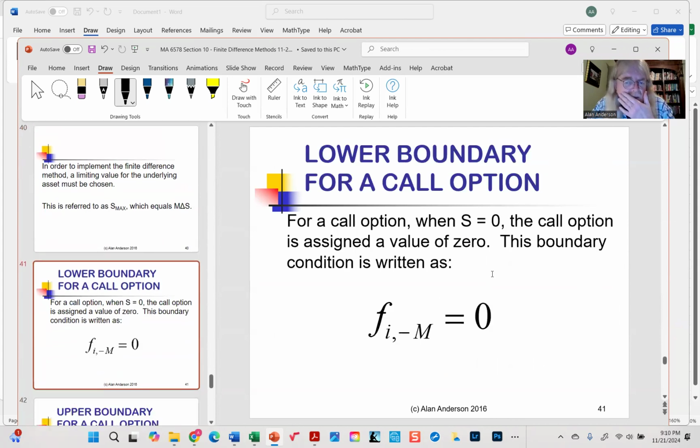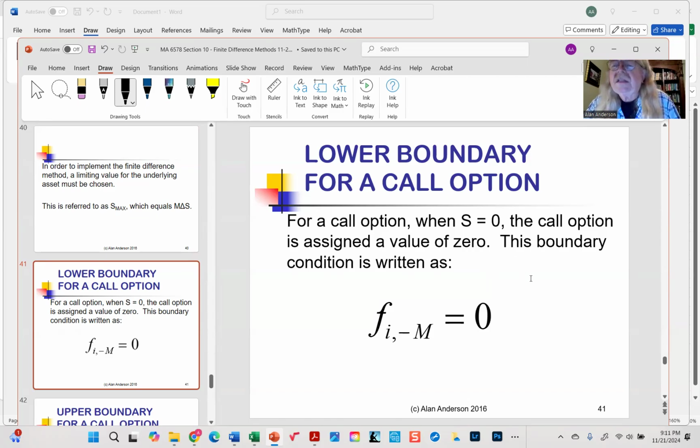Now, here's something you don't see in the other methods. We need to have some sense of how big the grid needs to be, not just how much time we want, how large the time step should be, but how large or how small can the stock price realistically get?